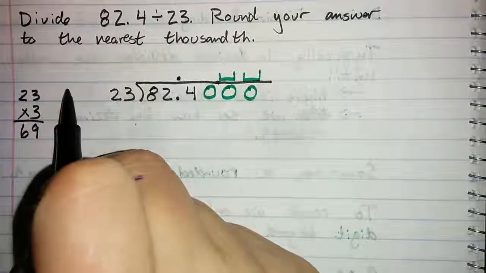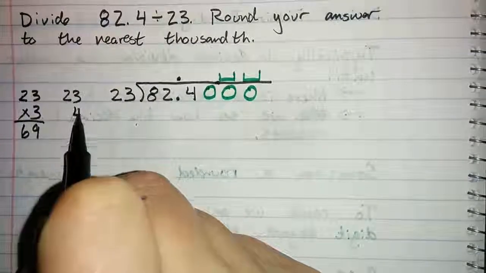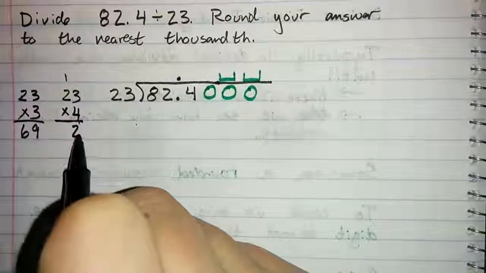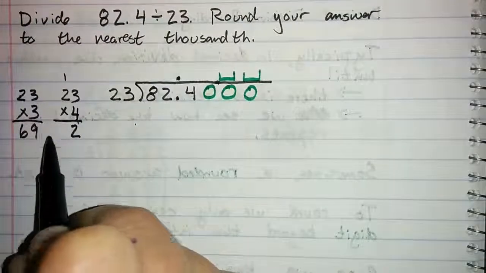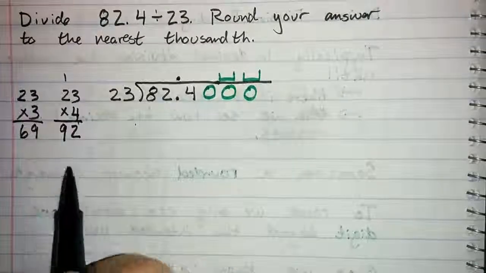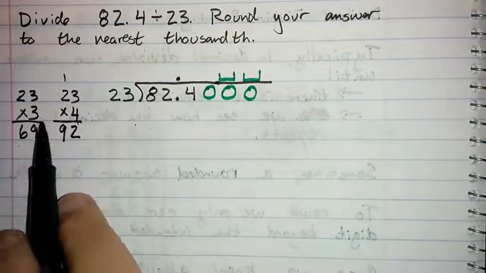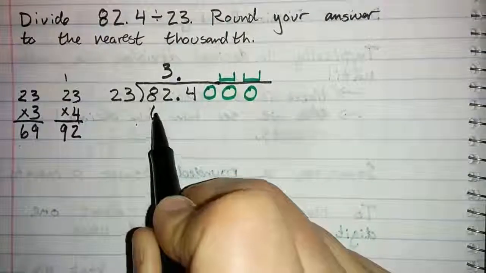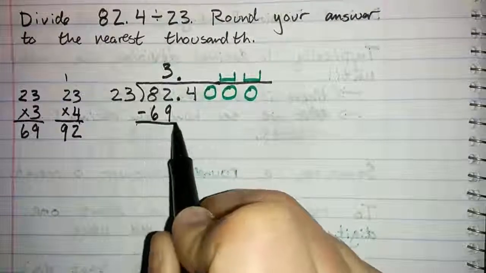Maybe it goes 4 times. 23 times 4. 4 times 3 is 12. 4 times 2 is 8, plus 1 is 9. Oh, 4 is too much, so it's going to be 3. 3 times 23 is 69.